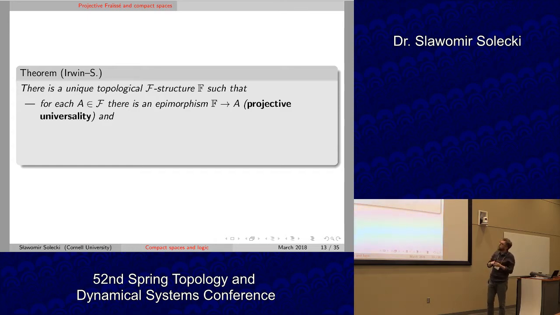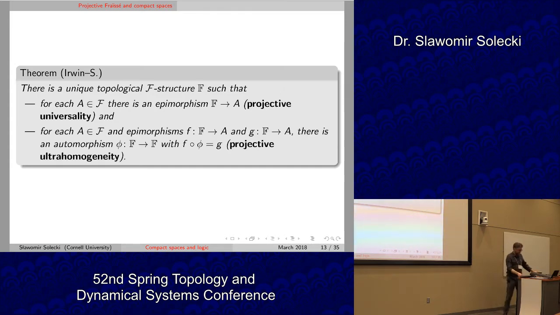So any two epimorphisms from F to a structure in script F are essentially the same, meaning there is a homeomorphism of F that preserves all this additional structure that will make f go to g. So this is projective ultrahomogeneity. If people know the Fraïssé limit, this corresponds to universality and ultrahomogeneity of the standard construction.